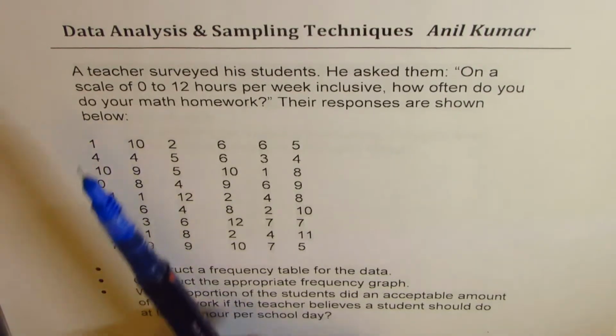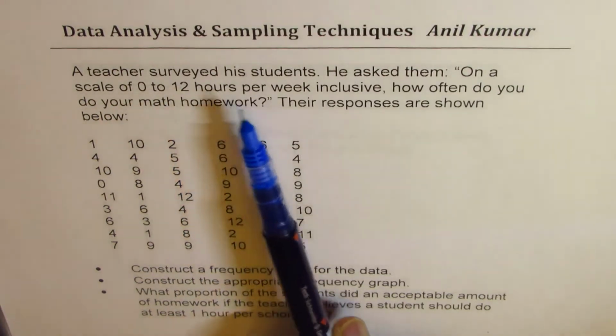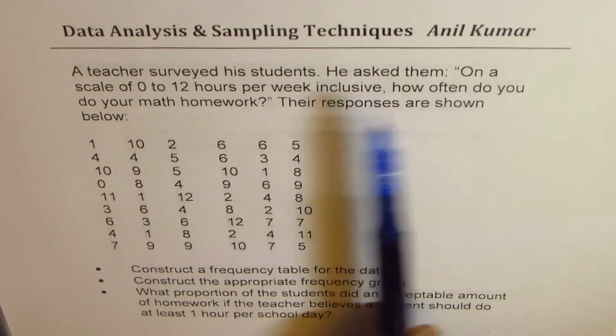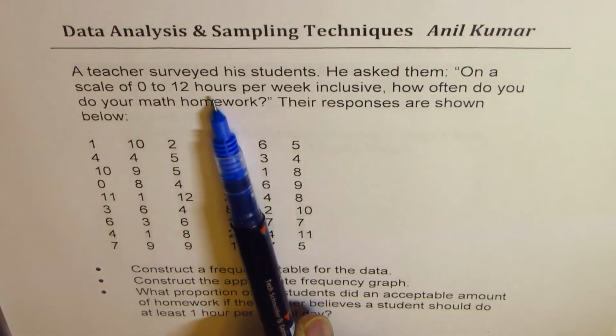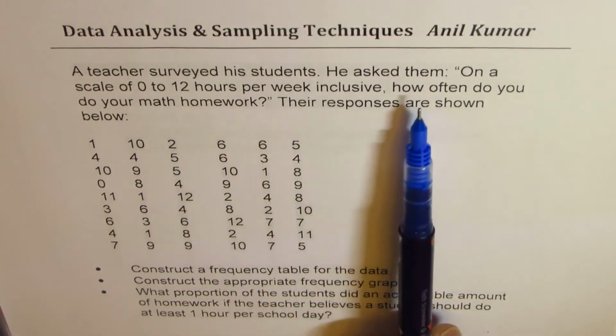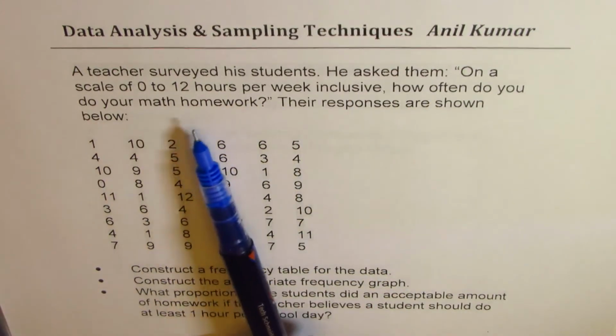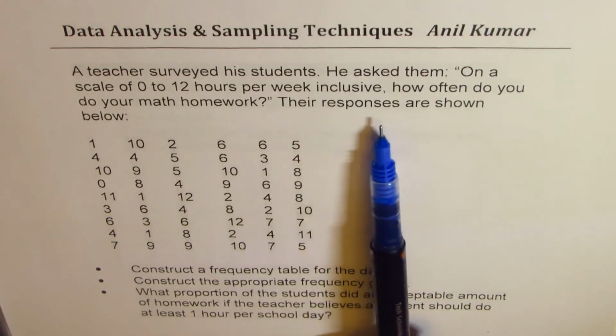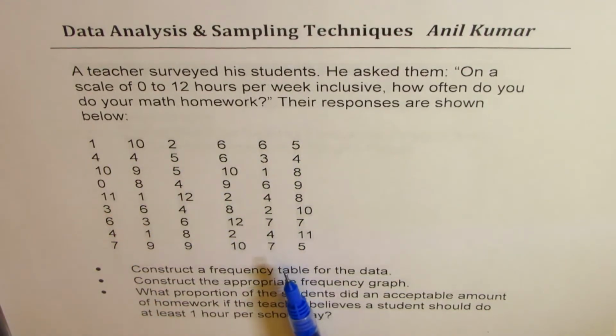The question here is, a teacher surveyed his students. He asked them on a scale of 0 to 12 hours per week inclusive, how often do you do your math homework? Their responses are shown below.